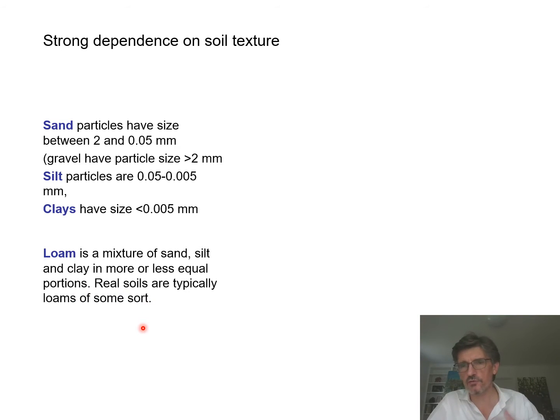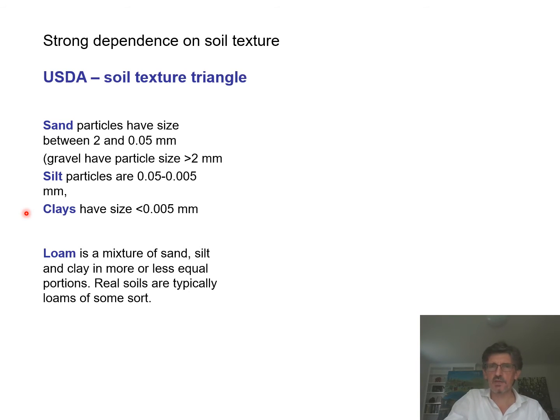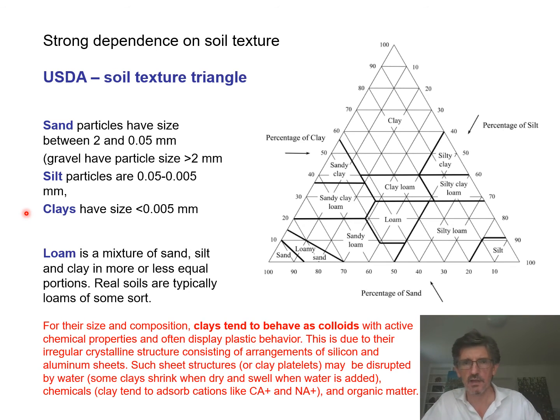Real soils are always a mixture of these types. It's hard to find a pure sand or pure silt or pure clay. To characterize these mixtures, the USDA, the US Department of Agriculture, has proposed an interesting soil texture triangle that is worth seeing together here. It's an equilateral triangle where on each of the sides there is the percentage of sand, silt, and clay.